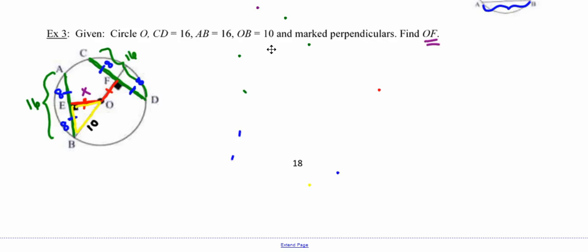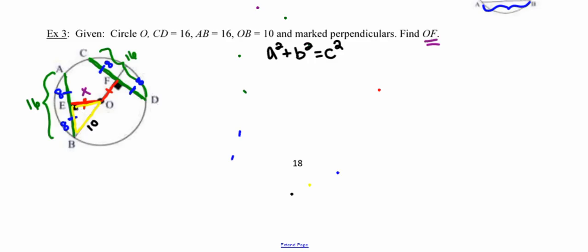So I'm going to go ahead and set up a little a squared plus b squared equals c squared here, making sure that when I substitute into the Pythagorean theorem, the side opposite that right angle is my c squared. So I've got x squared plus 8 squared is equal to 10 squared.